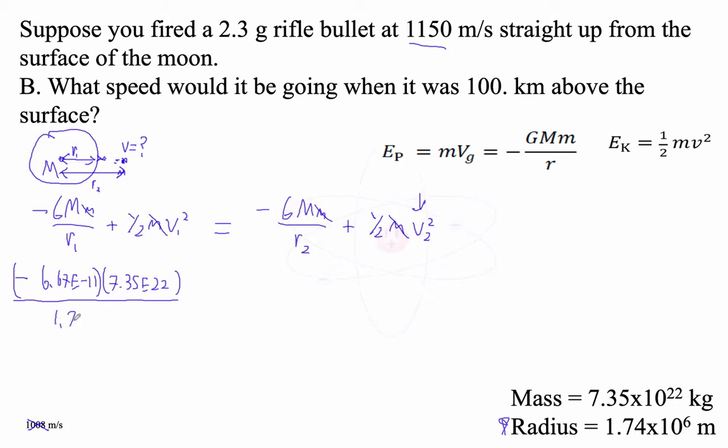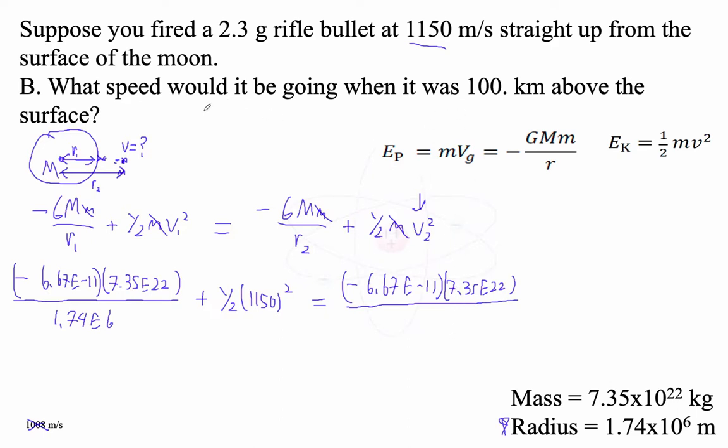So 1.74 E6 plus 1/2, and then the mass isn't there, so it's 1150 squared, right, is going to equal the opposite of 6.67 times 7.35 e22, all over, I guess, 100 kilometers. Oh boy, this is going to be, I figured that out.